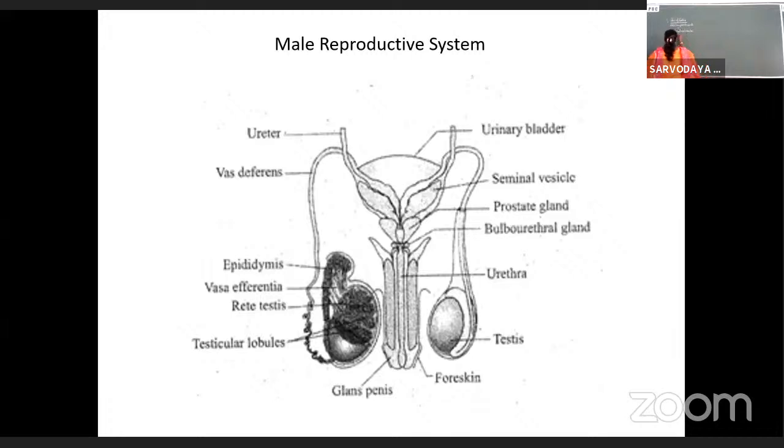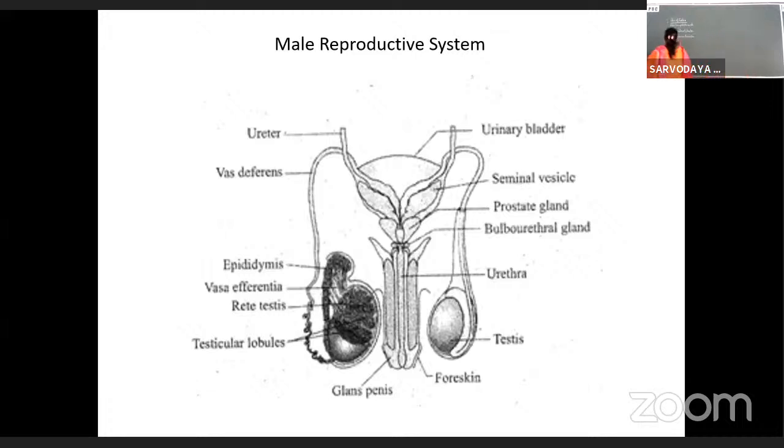Inside the testicular lobules, we observe 2 to 3 highly coiled structures called seminiferous tubules.